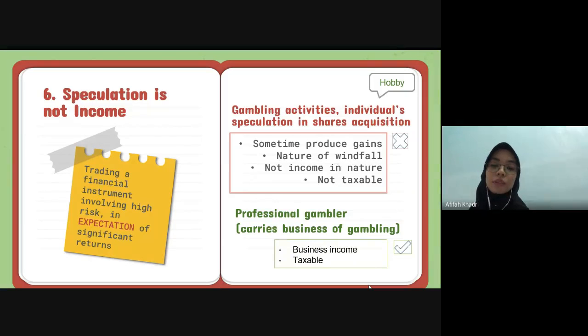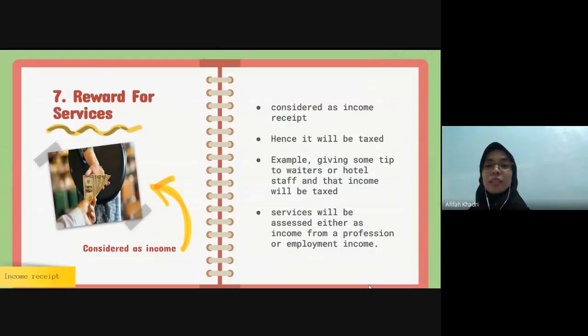But how if the person carries on a gambling business, which means they are a professional gambler? The gain received is considered as business income and it definitely will be taxable. The next will be presented by Nurizatu Shazwani.